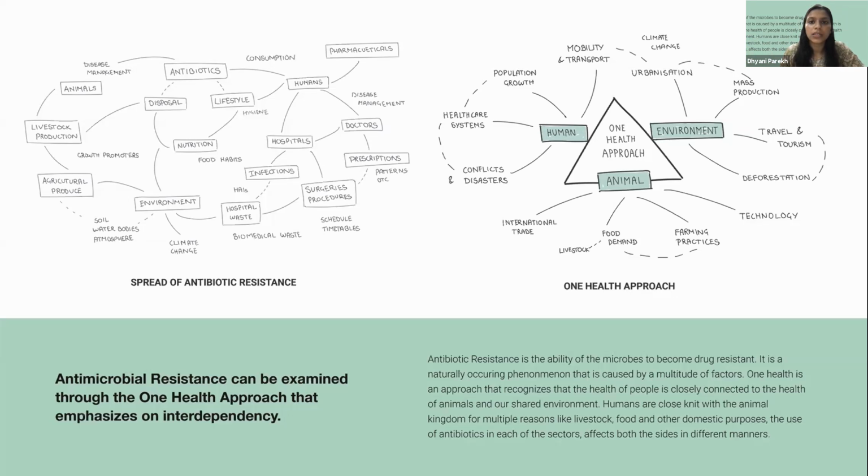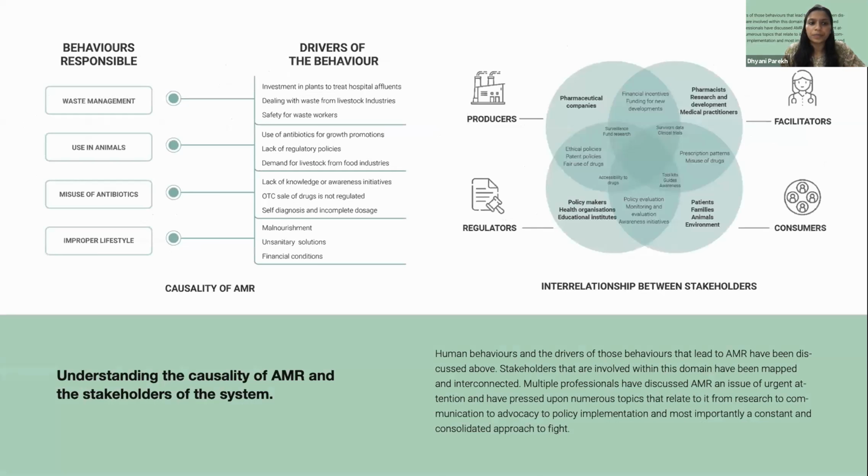So it was now on us, and on people like you and me, to decide where we want to work, whether on awareness, human behaviors, environmental change, or animal health. Everything is on us and how we choose to take our practice forward.